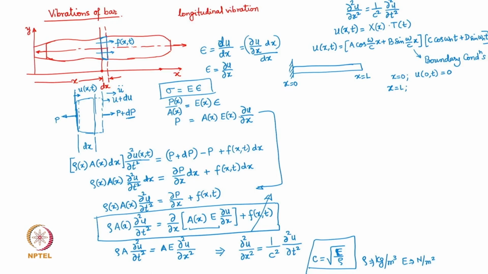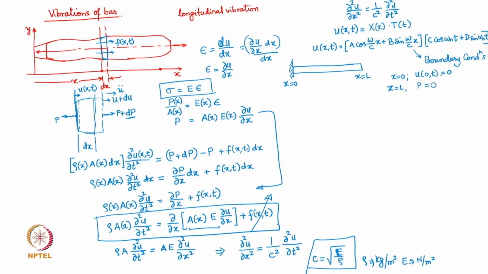So the bar may have a large vibratory motion at x equal to L. You cannot say that u is equal to 0, but we all know that at the free end the force P is equal to 0.